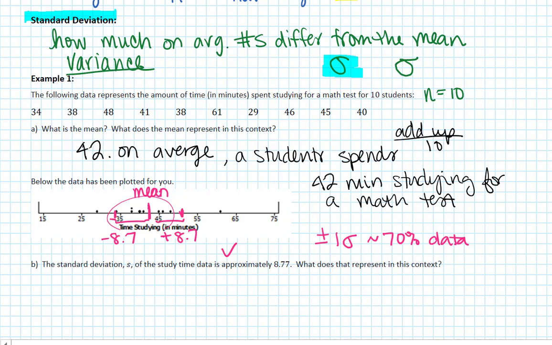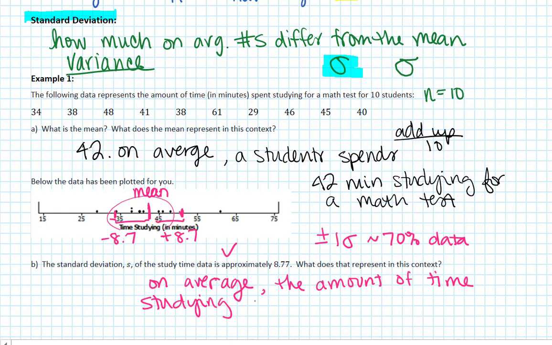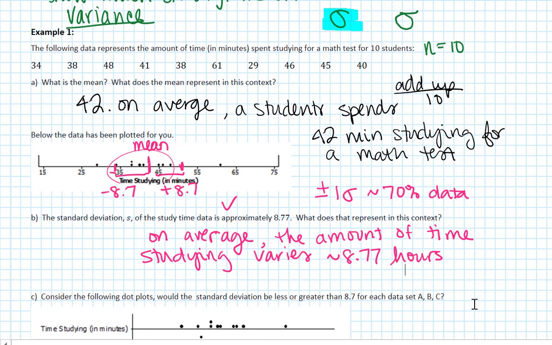So what we can say here is, on average, the amount of time studying varies approximately 8.77 above or below 42.